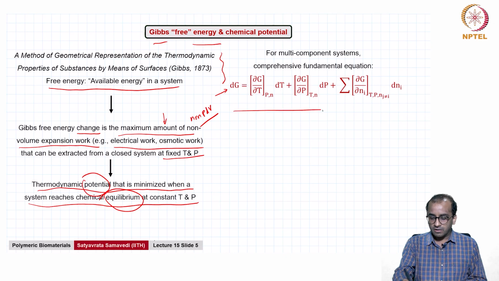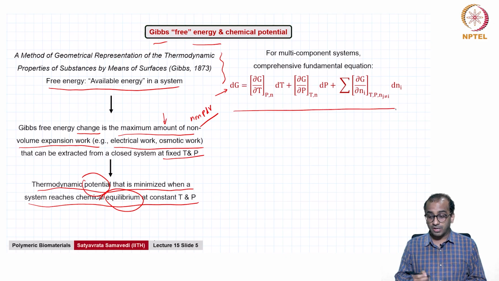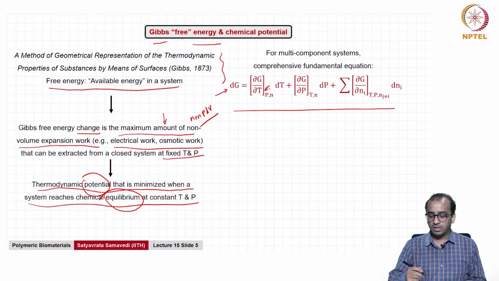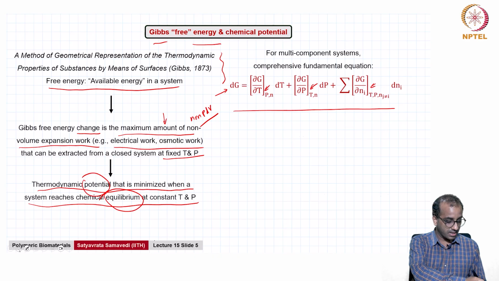The total differential for the Gibbs energy is given by this equation, and there are broadly three contributions if you want to think about it that way. One is a partial with respect to temperature, another is a partial with respect to pressure, and the third is a partial with respect to composition or number of moles.